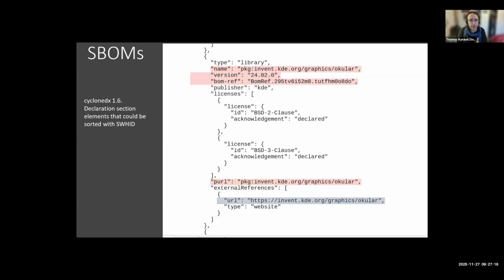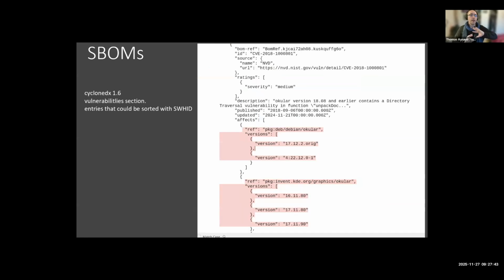For instance, the name of a package with a version is kind of fragile. The version is defined by someone. Maybe it's not exactly this code. It can be changed and so on. So with a suite, you can be really precise about this. For instance, in Cyclone DX 1.6, maybe you can replace this information.